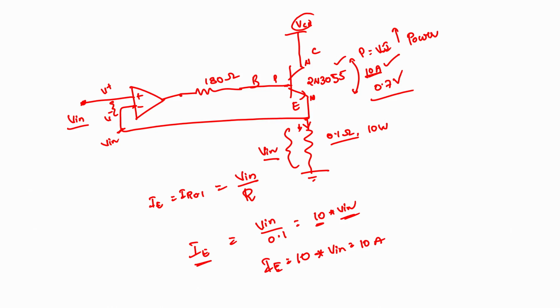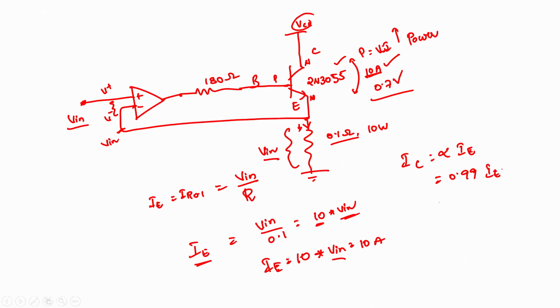Now, if I want to understand the relation between Vn and IC, since we know IE in this case depends upon Vn, we can also convert into IC, as we know that IC is alpha times IE, where alpha is nothing but somewhere around 0.99.